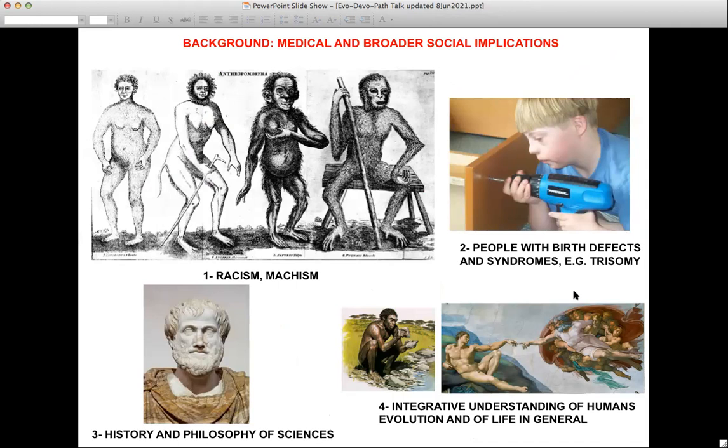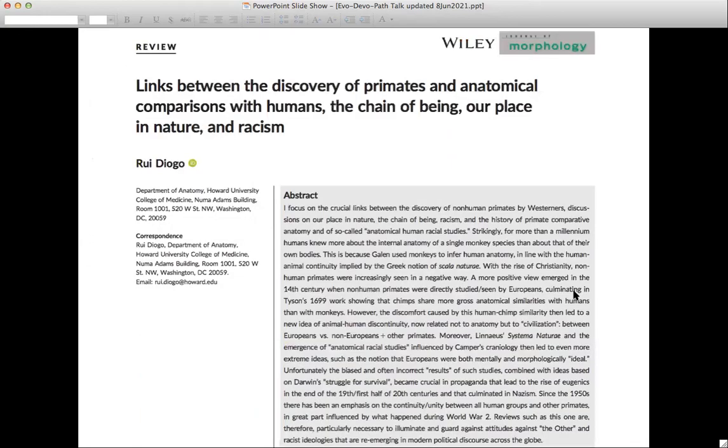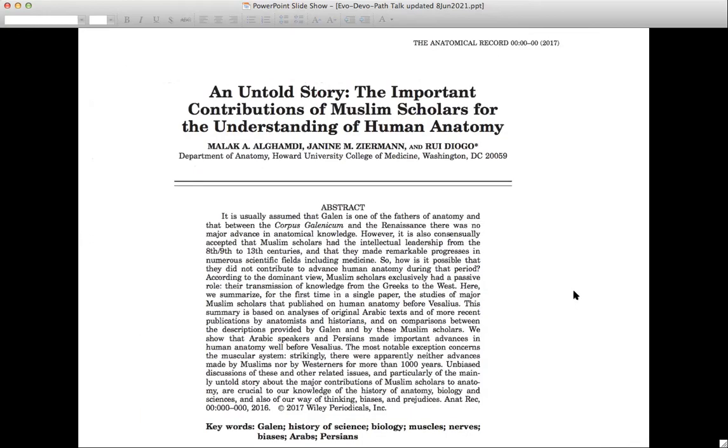As you can see here, we talk about racism, machismo, etc., always based on empirical evidence, and to discuss the uses, abuses, and myths concerning these topics. So these are some contributions. For instance, we also try to find and to report untold stories about the contributions of, let's say, Muslims for the understanding of human anatomy, or about minorities for the understanding of human medicine, and so on.